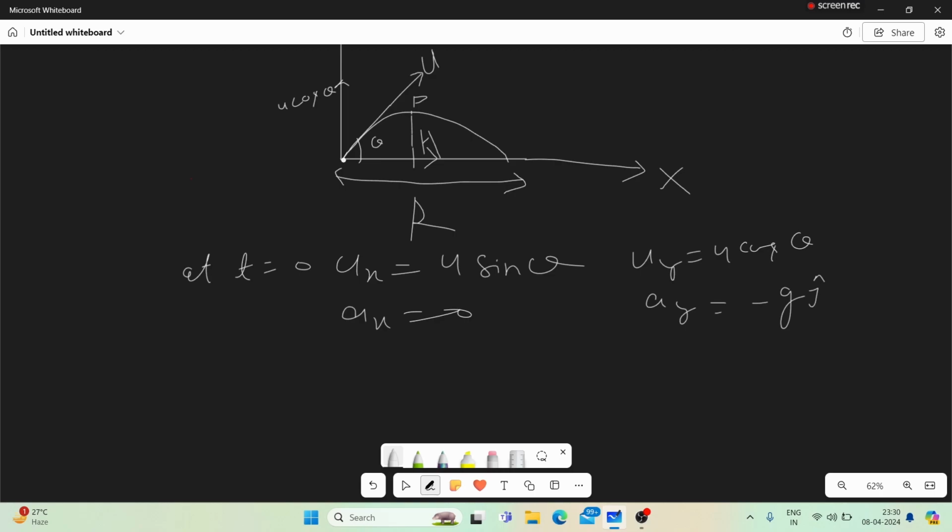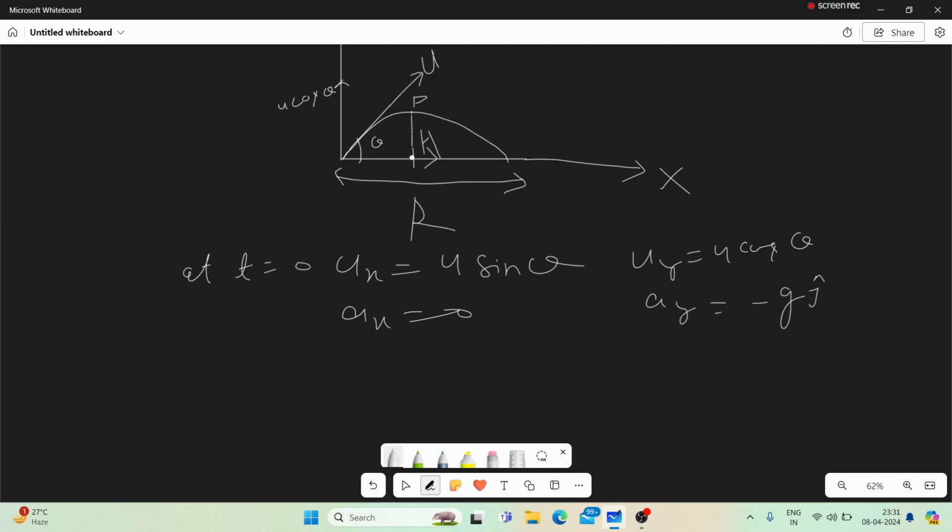So the time taken by the particle to reach from the point of projection to the highest point is called the ascending time, and the time taken by the particle to reach from the highest point to the ground again is called the descending time, and the total time, ascending time plus descending time, is called the time of flight.